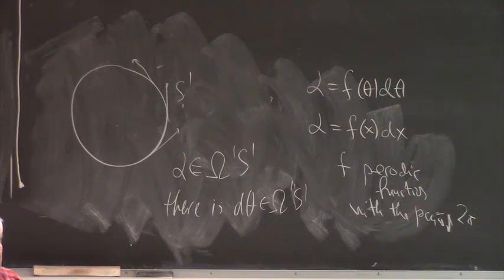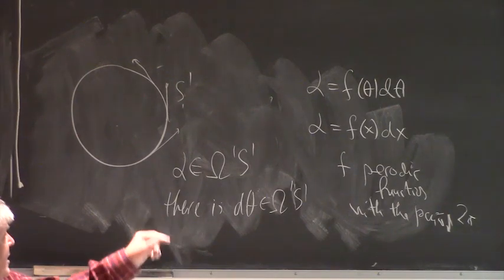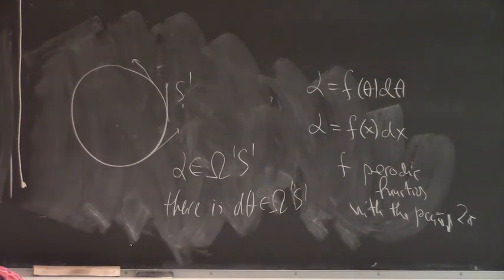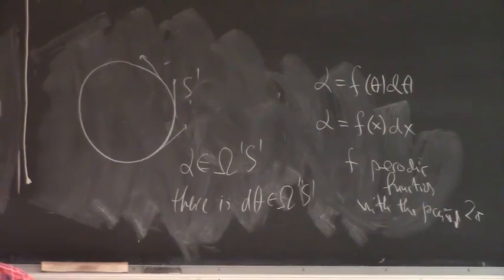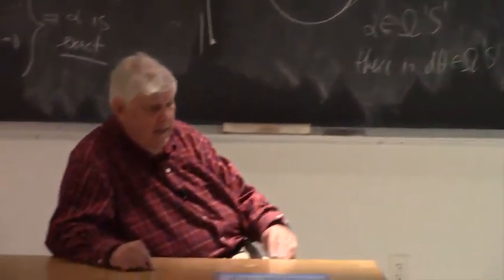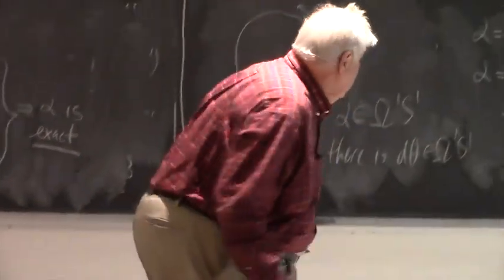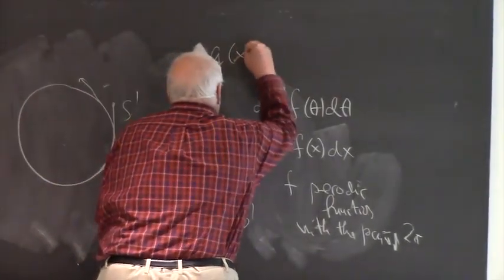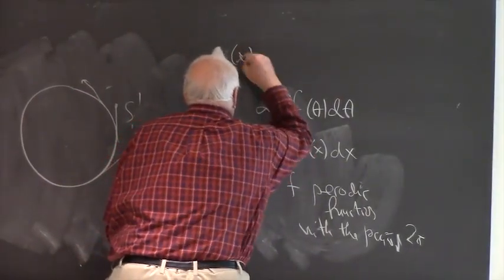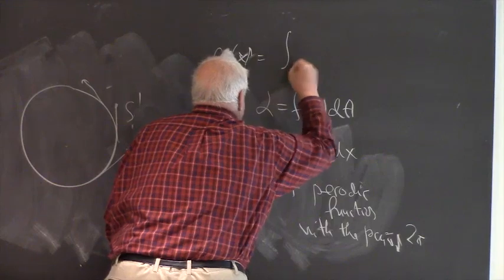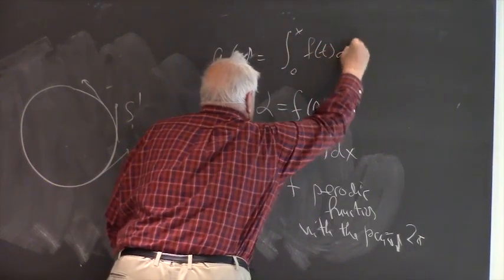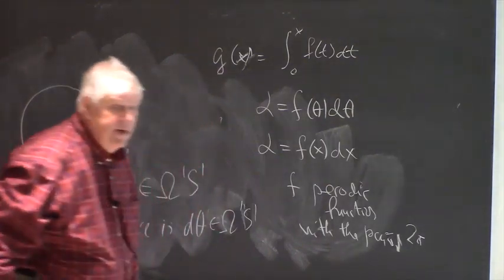And we want to know whether, we forget about our conditions, just want to know whether this form is exact. It's closed, but exactness. To be exact, we need to consider the function g of x. Let me write, well, g of x, integral from 0 to x, f of t dt, right?